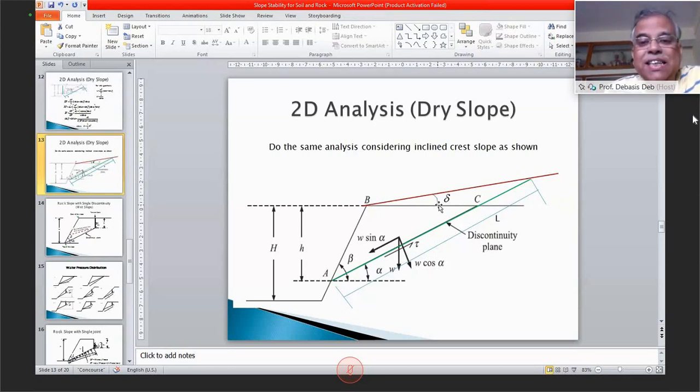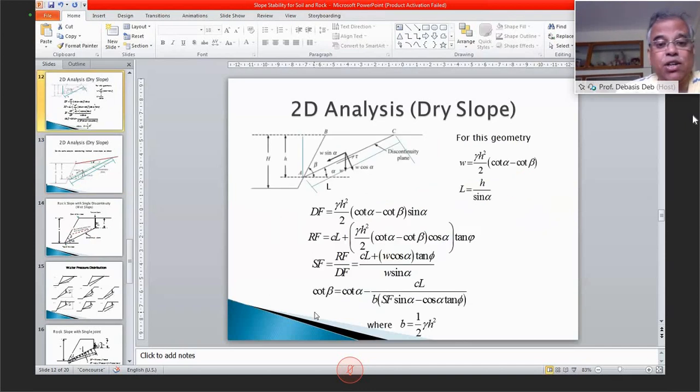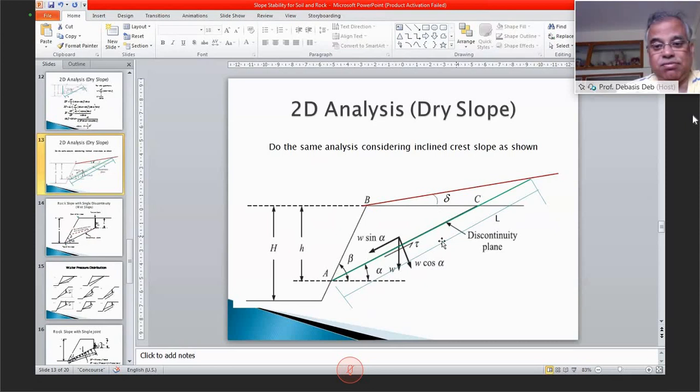So if the red line is the surface with an angle delta, now you have to calculate the area of this properly, and then everything else remains the same. This is the most generic way of analyzing slope stability. I want you to derive an equation like this for this condition.